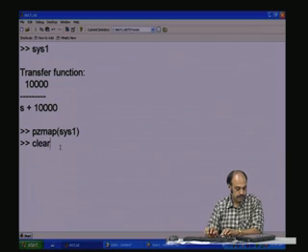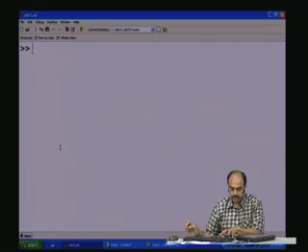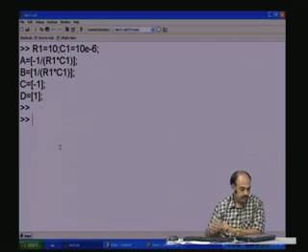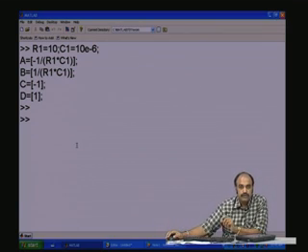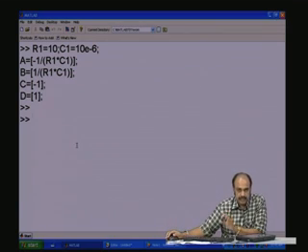See, let me clear everything. We can now get the transfer function of VR by VI. Okay.